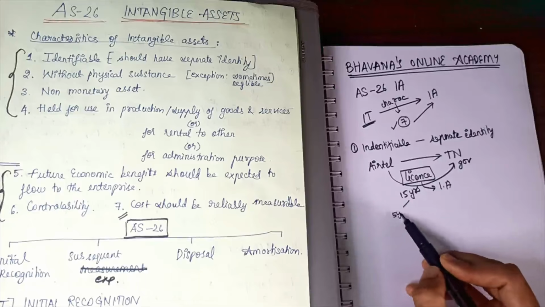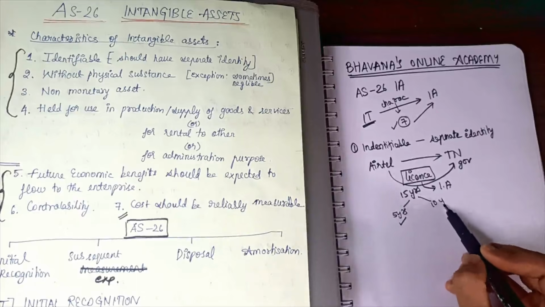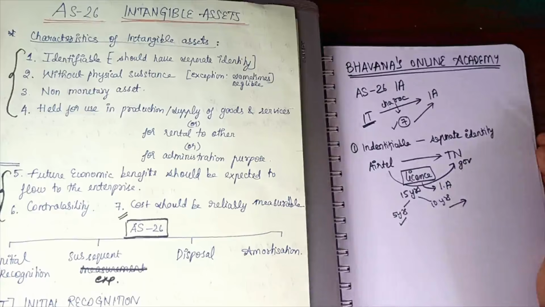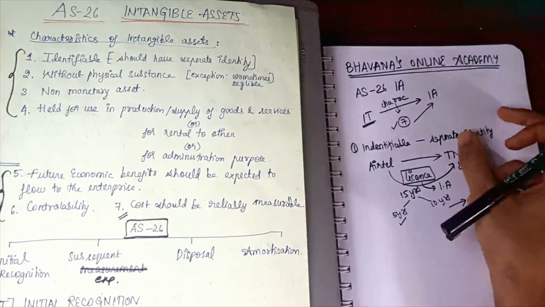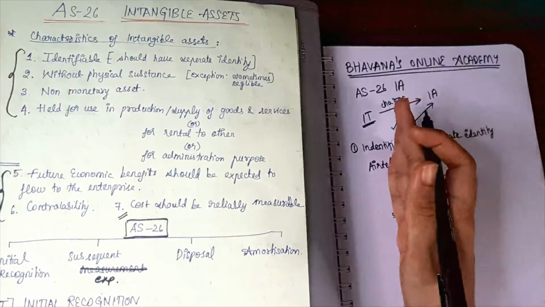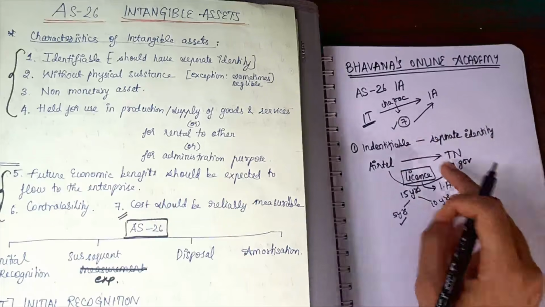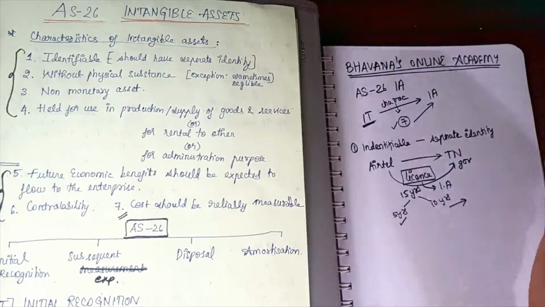For the first 5 years, Airtel can use it, and if after that it doesn't need it, then for the next 10 years it can rent it to someone else. So the license is an intangible asset which is a separate entity. It can be separated from the company itself. So it is identifiable, meaning it has a separate identity of its own.